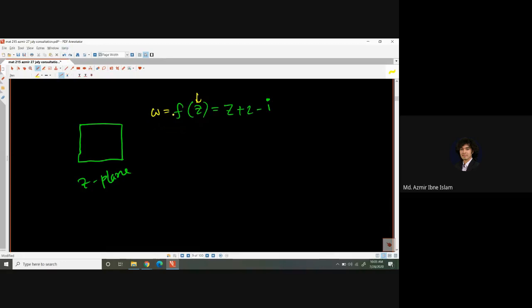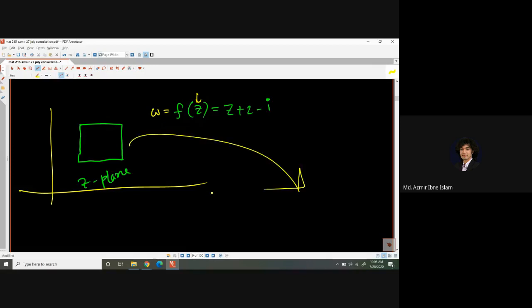For this mapping, we have to check whatever square or shape we have in the z plane, what will be the figure or output of this square in the w plane. Is it in the same position?